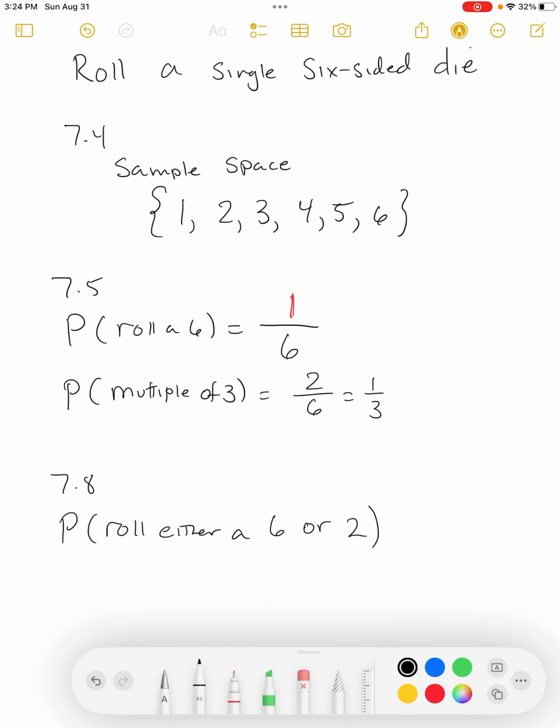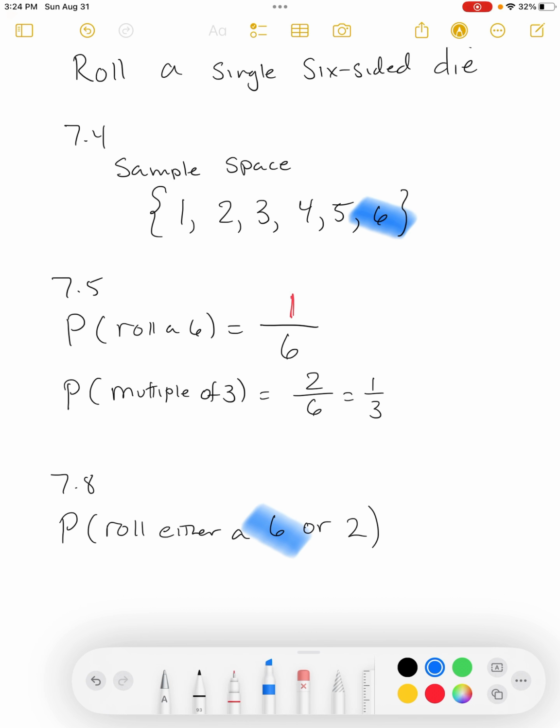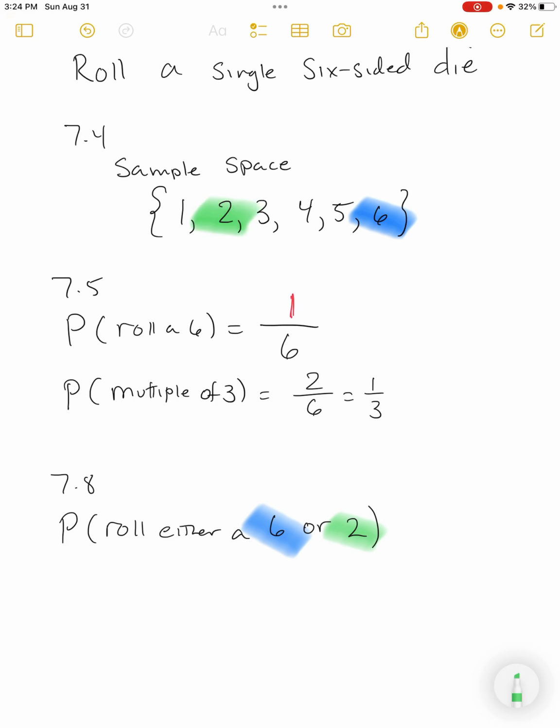So I'm going to do something very deliberate here, and it may seem overkill, but eventually it won't be. We're interested in rolling a 6. As I go up to my sample space, there's 1 six, or a 2. The second ask is a 2, and I realize there's 1, 2.